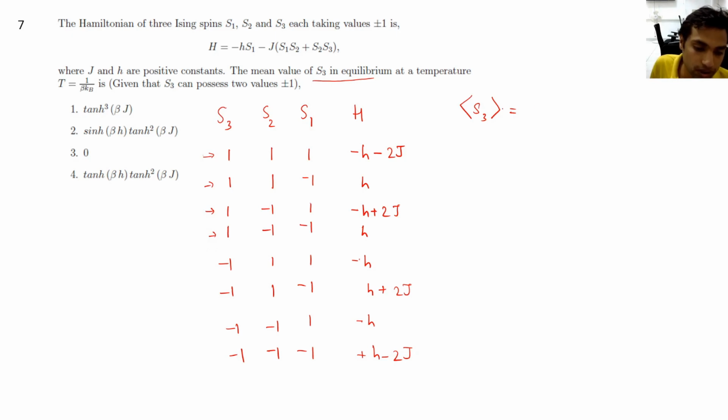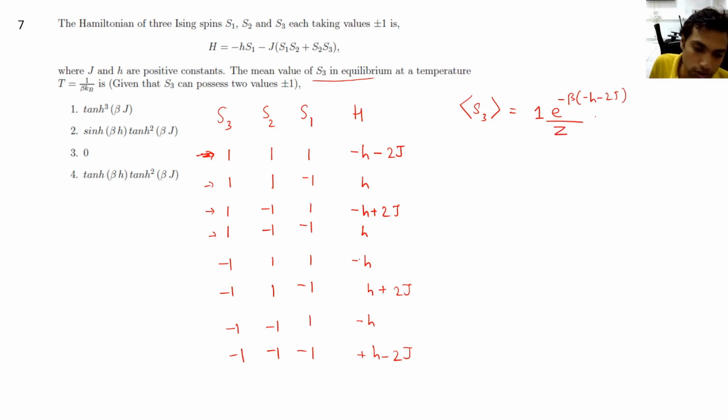So if we want to find the mean value, let us start from this particular state. So it is 1 times the probability of this state, e to the power minus beta times minus h minus 2J, over the partition function.